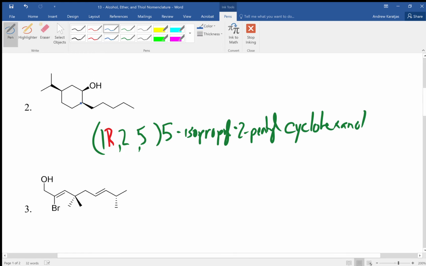Down here at 2, our highest priority group is the one up at the top because that's a carbon attached to oxygen, whereas the other 2 are carbons attached to carbons. 2 here, 3 here, it's 2S. And then finally at 5, we have first, second, third. Clockwise is 5R.